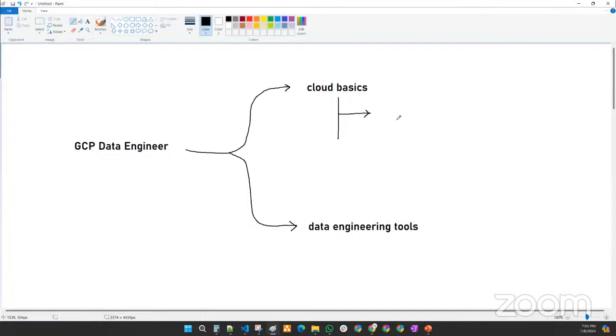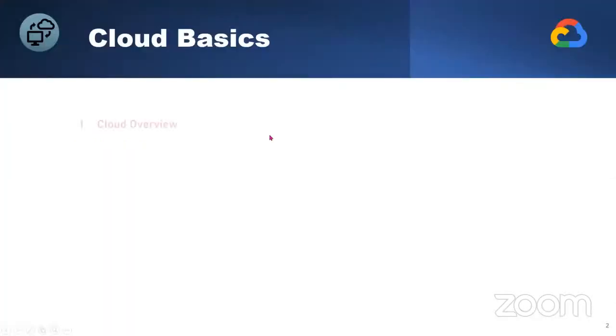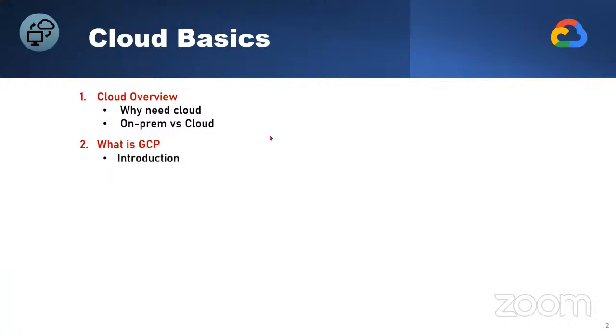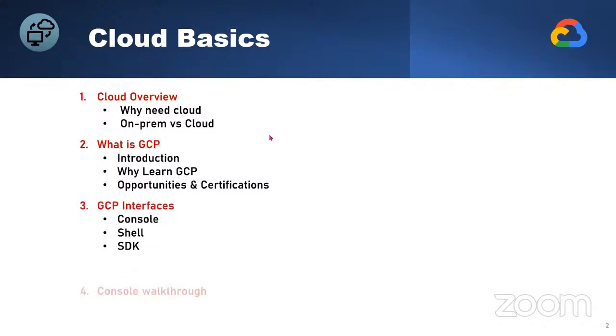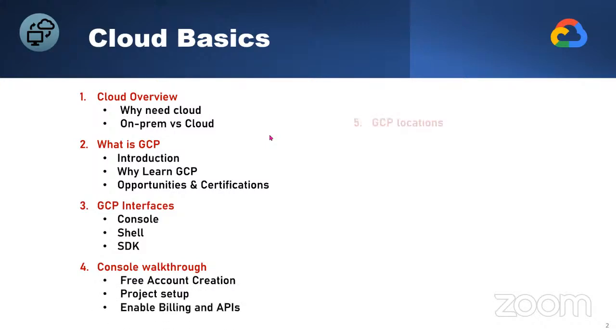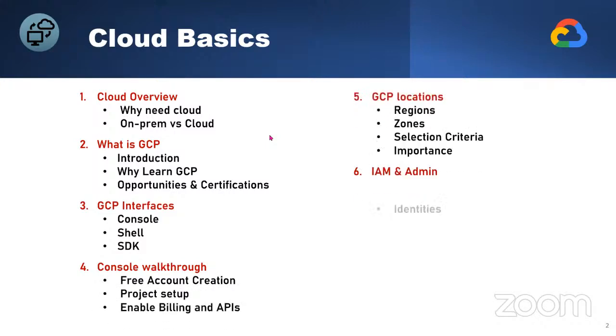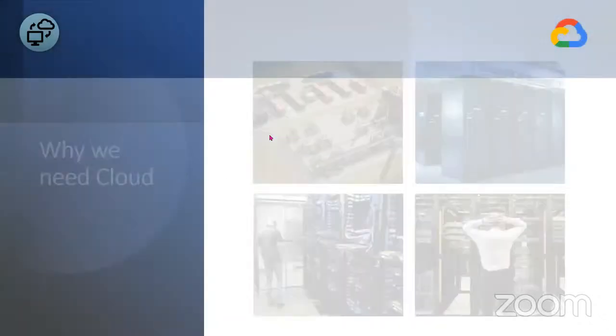Then we will jump on to the Google Cloud Platform in our further sessions: GCP introduction, why we learn GCP, opportunities and certifications, interfaces, console walkthrough, GCP locations, GCP IAM and admin. All of these things we are going to talk about, guys.